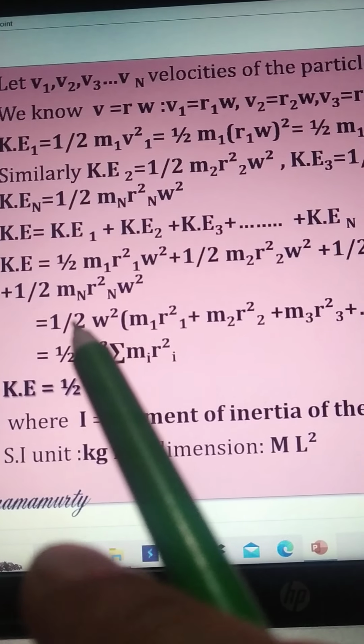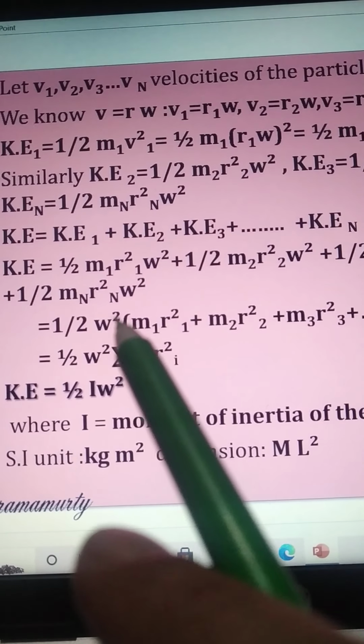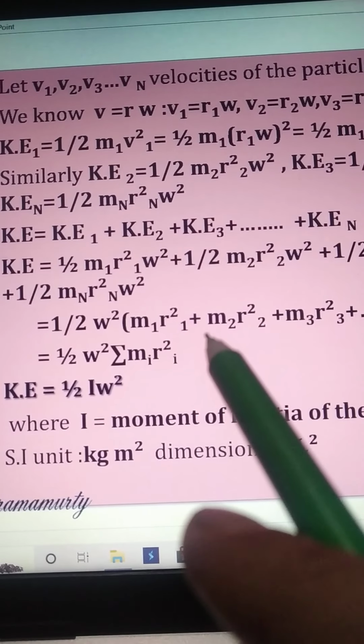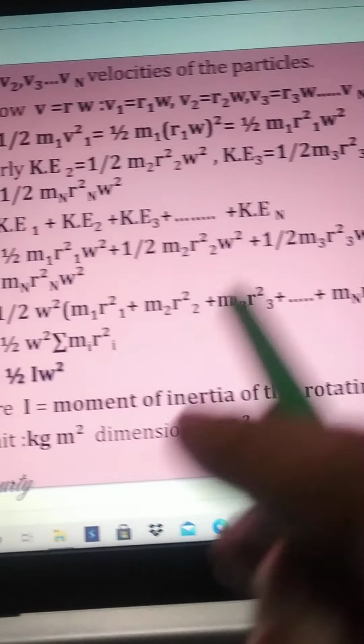So the constant factor is half omega squared, times the bracket m1 r1 squared plus m2 r2 squared plus m3 r3 squared plus up to mn rn squared.